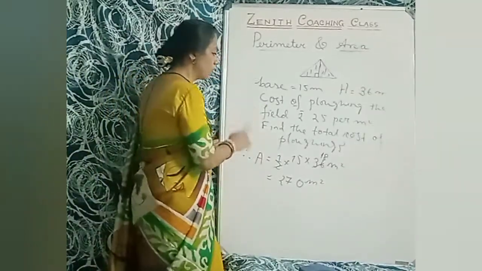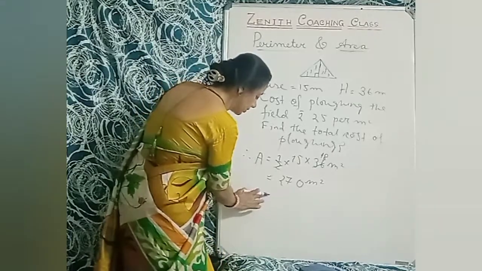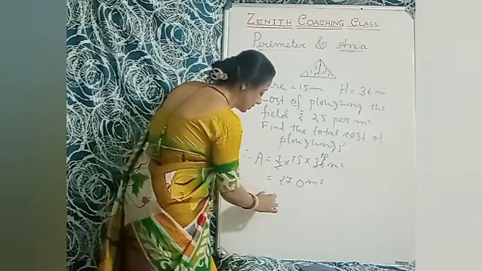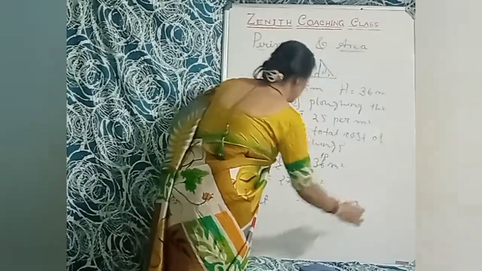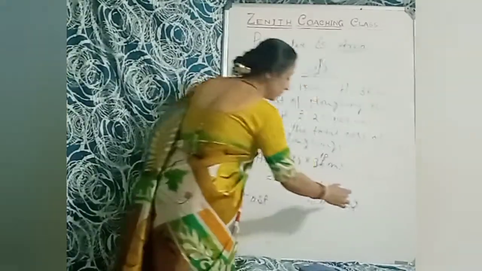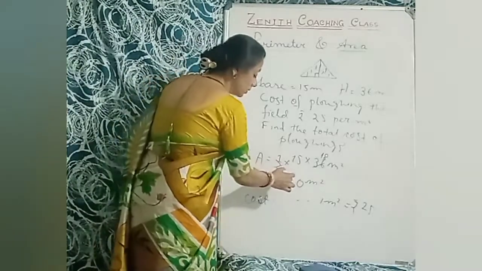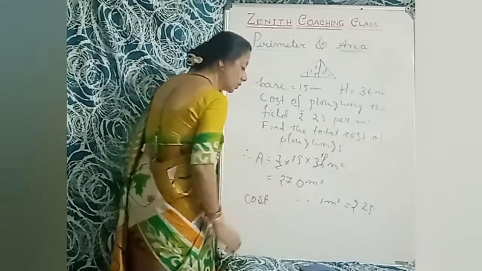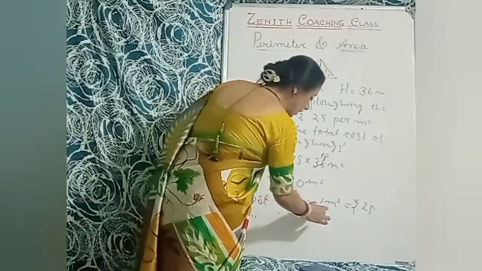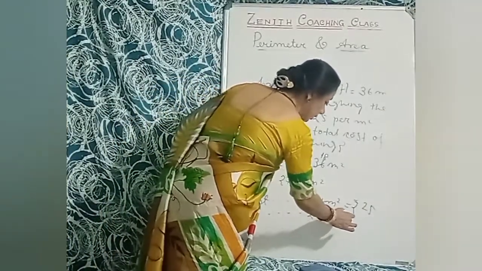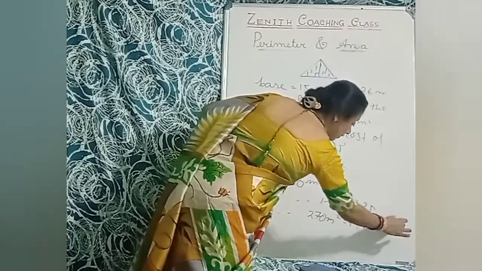Now you write cost of plowing 1 meter square. I am not writing the total full sentence. Cost of plowing 1 meter square equals rupees 25. Okay. So you have to find out the total cost of 270 meter square. Therefore, cost of plowing 270 meter square equals rupees 270 multiplied by 25.